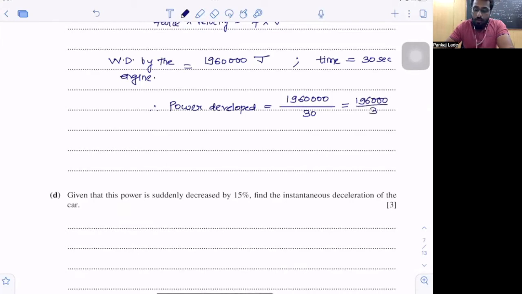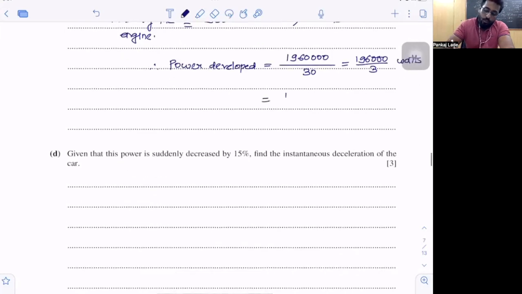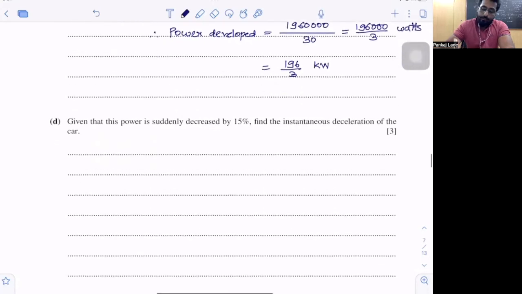Since this is power, this will be in watts. If you divide by 1000, that should give you 196 upon 3 kilowatts. Decimal is 65.33, so to three significant figures, 65.3 kilowatts. That's what the answer is.